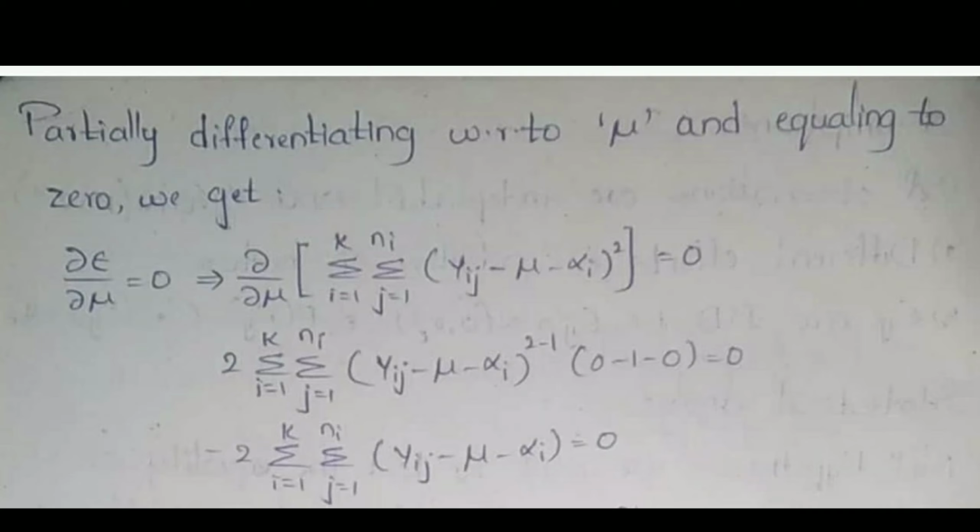For the term differentiation, yij gives 0, minus mu gives minus 1, alpha i gives 0. After simplification, minus 2 double summation of yij minus mu minus alpha i equals 0. After that, the parameter mu converts into y bar double dot.